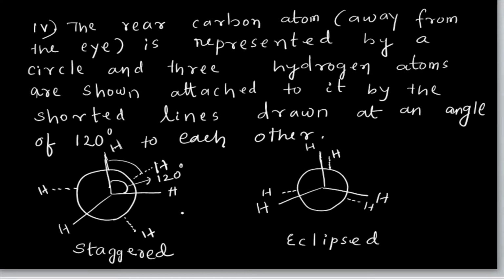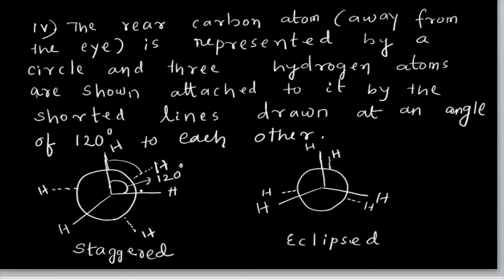And now see, it is staggered form and eclipsed form. In the eclipsed form, you can observe the dotted line structure is nearer to the first hydrogen. So two hydrogens are near to each other, whereas in the staggered form they are far away. You can observe this dotted line hydrogen is far away from the first hydrogen.